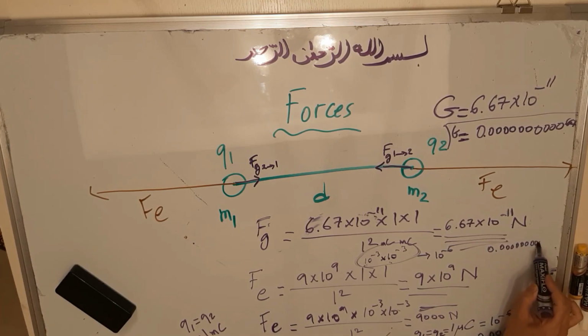I know you are telling me, okay, miss, we got it, but I'm just making sure. So even if you consider microcoulomb, you are going to get a much bigger force than the gravitational force. So you've got it. Which force is mightier, electric force or gravitational force?